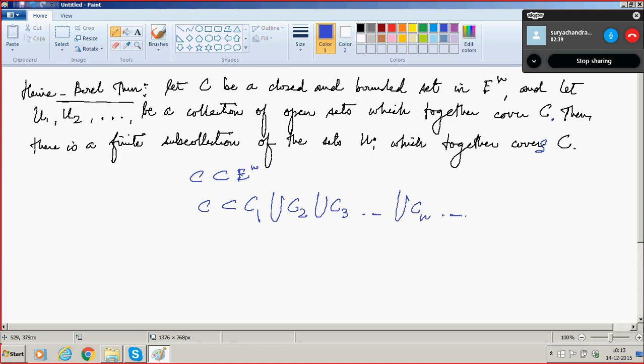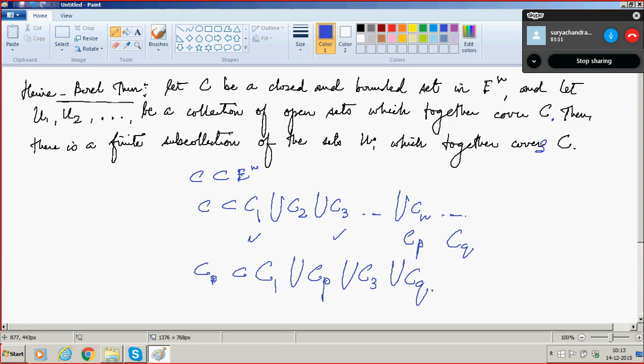Now out of these there exists a finite collection, I have written C instead of U1, U2, but you will understand. Out of these there is a finite collection C1, C3, some CP, CQ, which covers C1 union CP union C3 union CQ. Okay, fine. Okay?